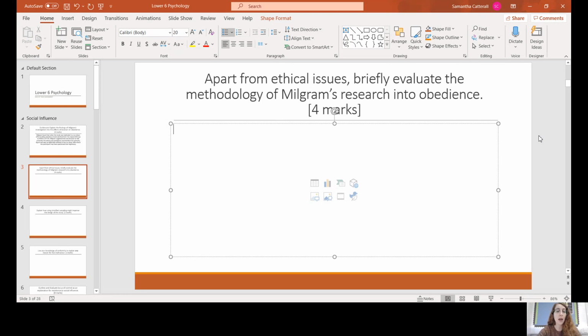But anyway, I'll do a couple of points and then you can choose which ones are most appropriate for what you've done, and then you can adapt them and choose different ones. Let's start with one of them.